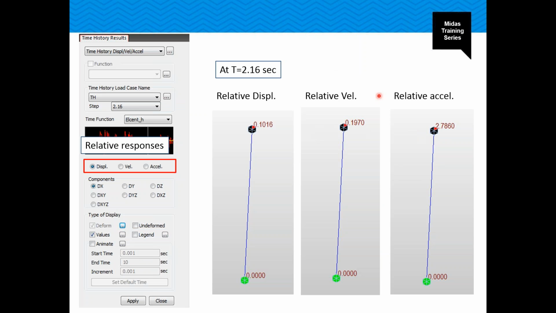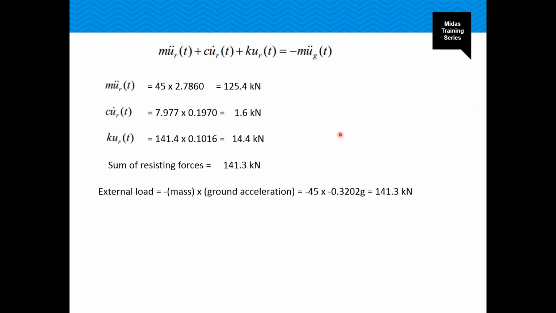By performing time history analysis, we can obtain relative displacement, velocity, and acceleration at the time of 2.16 seconds as shown here. As shown here, we can see that the dynamic equilibrium is satisfied in this example.